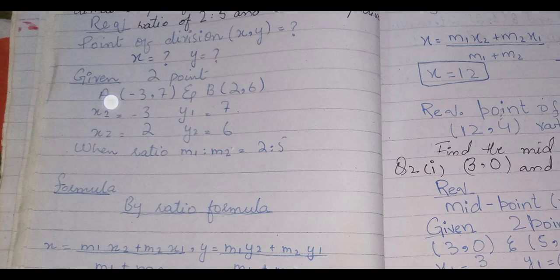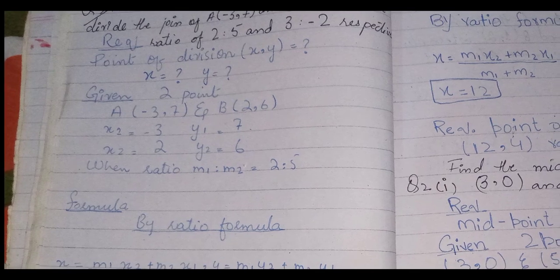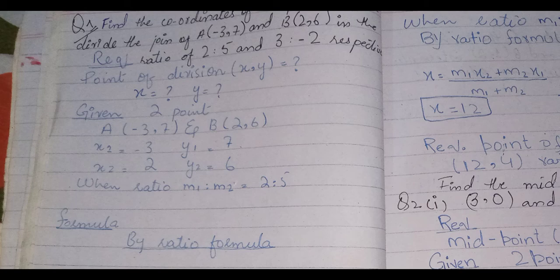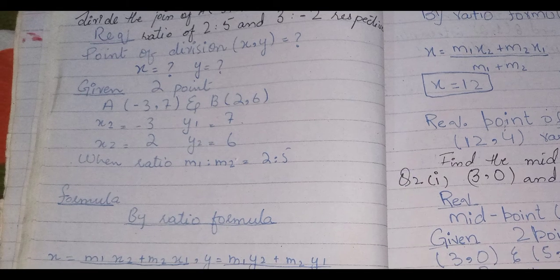This is the first point, so we name it x1 and y1, and similarly we name the other x2 and y2. So we have written it as x1 x2 and y1 y2. This will help you in using the formula in solving the problem.